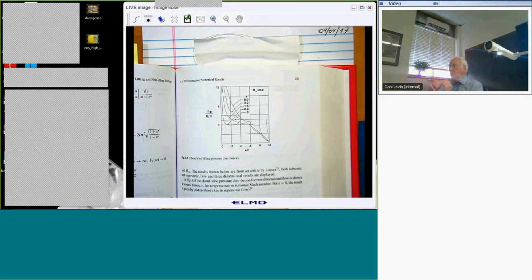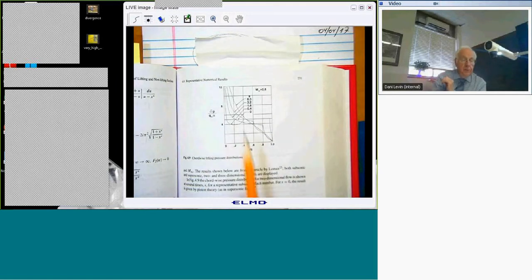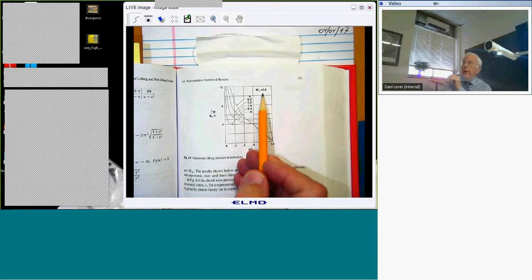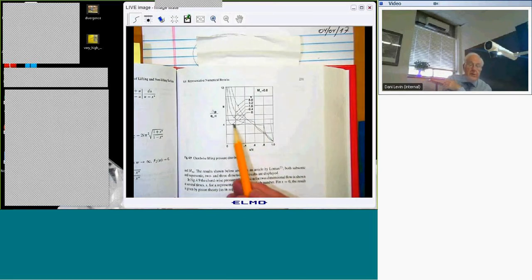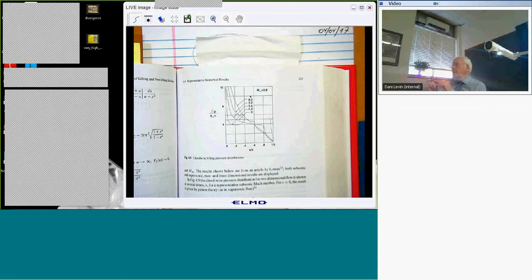Absolutely uniform. Okay? And this delta P over q infinity alpha is equal to 4 over the Mach number. So 4 over 0.8 is 5, if I did the calculation correctly. So this straight line is 5. And that happens to be the result given by piston theory.